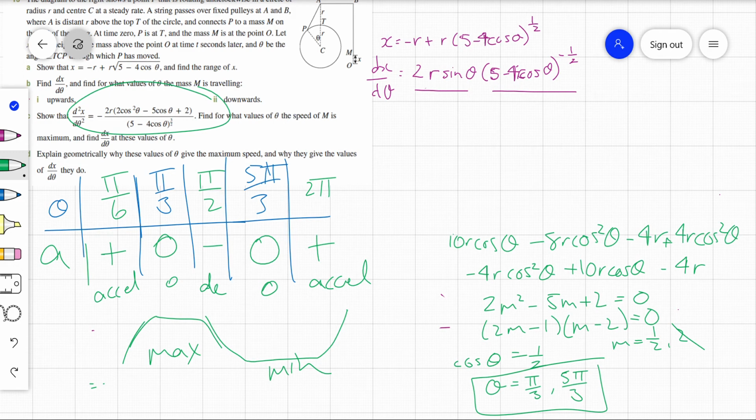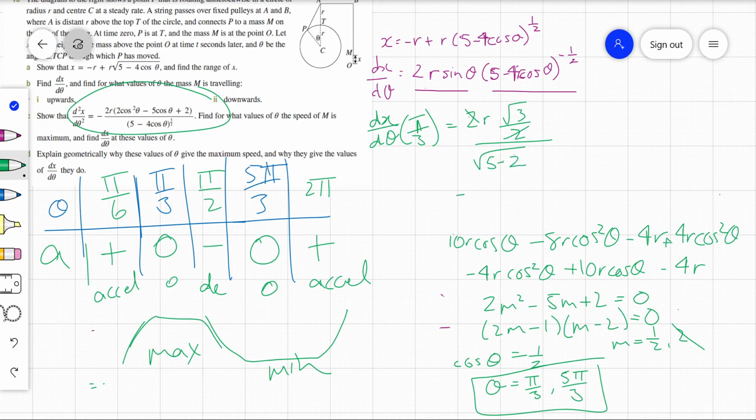The other thing to look at is dx by d theta at pi on 3. Now dx by d theta, which we've got up here, if I pop in pi on 3, I'm going to get, so pi on 3 is 60, sine 60 is root 3 on 2, and cos 60 is a half. So we're going to get 2r, root 3 on 2, and then the root 5 minus 4 times a half, so 2.